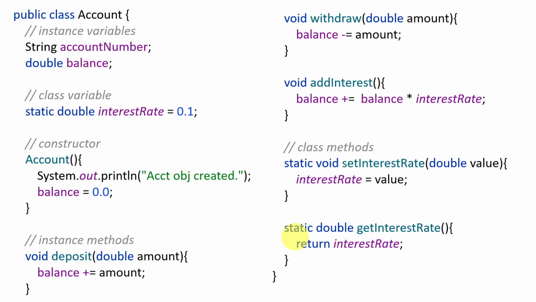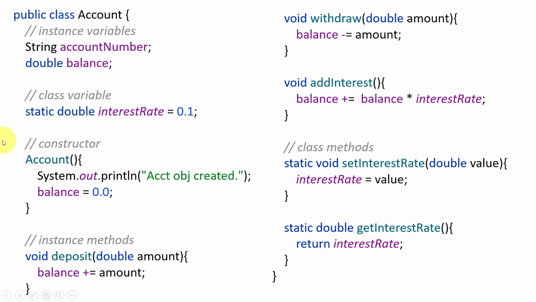This is the final code of the account class. So we have two instance variables and a class variable. In Java language, class variables are marked using the static keyword. Then we have the constructor. In Java language, the constructor is given the same name as your class name, the case sensitive class name.